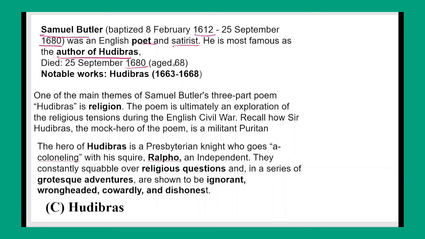I have already told you, at the age of 68. His notable work is Hudibras, which was started in 1663 and ended in 1668. One of the main themes of Samuel Butler's three-part poem: here it has been divided into three parts. Hudibras is about religion. The poem is ultimately an exploration of the religious tension during the English Civil War, which took place in the 17th century.